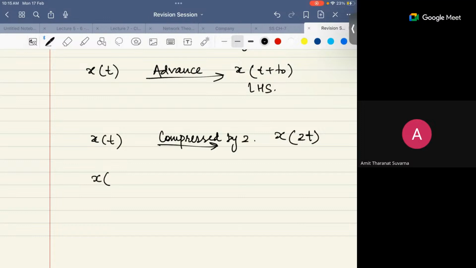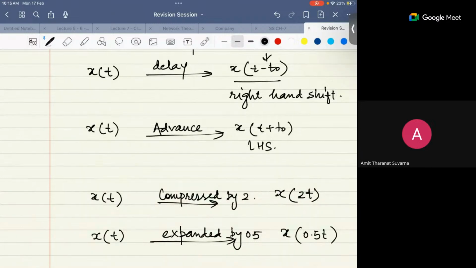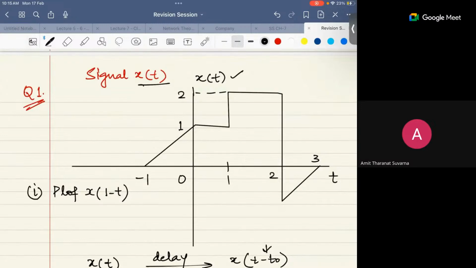Or if it is given as expansion by 0.5, then this is x of 0.5t. So it can be given in this mathematical form, or just written as the given signal is delayed by t naught units, or advanced by t naught units, or compressed, or expanded. But here you have just been given x(t), and you have to plot x of 1 minus t. So can you tell me the steps that you follow to plot it for any given signal?